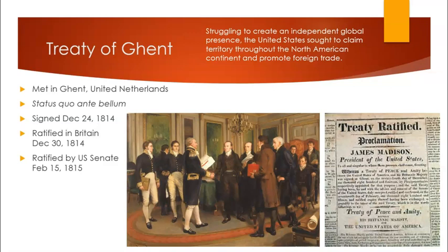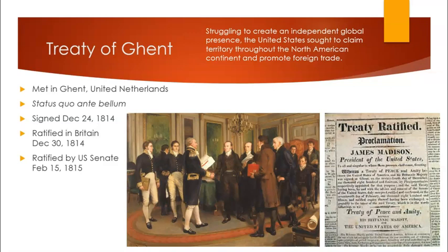They call that status quo antebellum. And the treaty was signed on December 24th, 1814, and would be ratified by the United States Senate the following February.